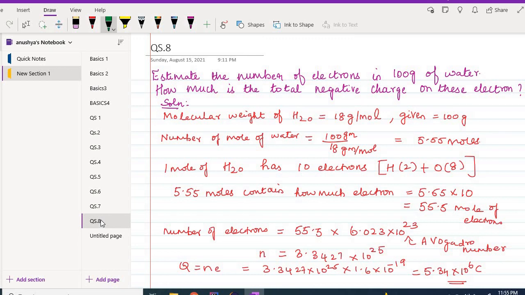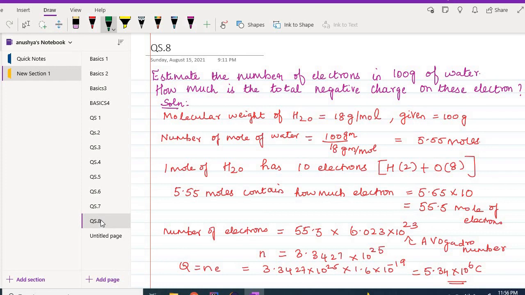Now we know that in 1 mole of water, 10 electrons are there: 2 electrons for hydrogen and 8 electrons for oxygen, total 10. So you have to multiply that with the number of moles. For 1 mole of water you have 10 electrons, so 10 has to be multiplied with 5.55 moles to find the total number of electrons. 5.55 into 10 gives 55.5 moles of electrons.